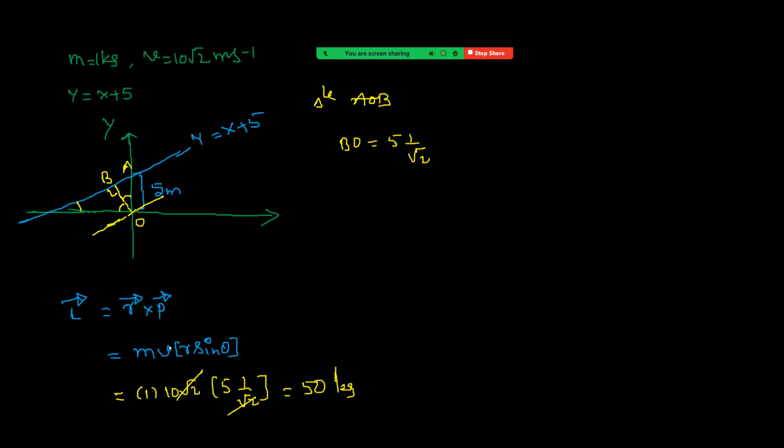So mass kg, meter per second into meter, kg meter square per second. Okay, cross check once. Mass, that is kg. Velocity, meter per second. Again, length, right? R is length. Again, here meter. So kg meter square per second. So like this, we can calculate angular momentum.